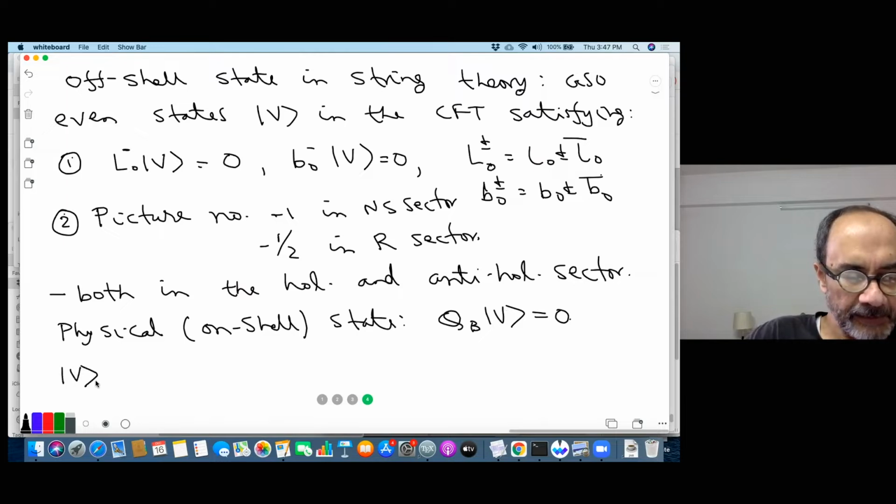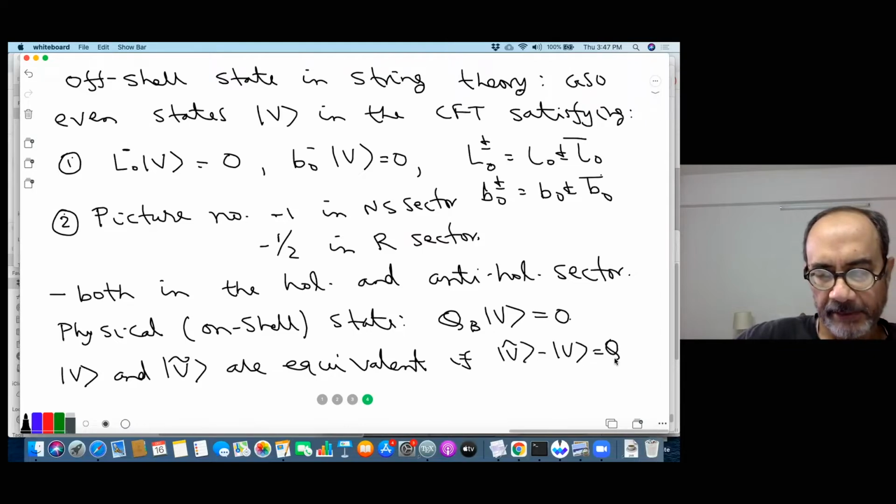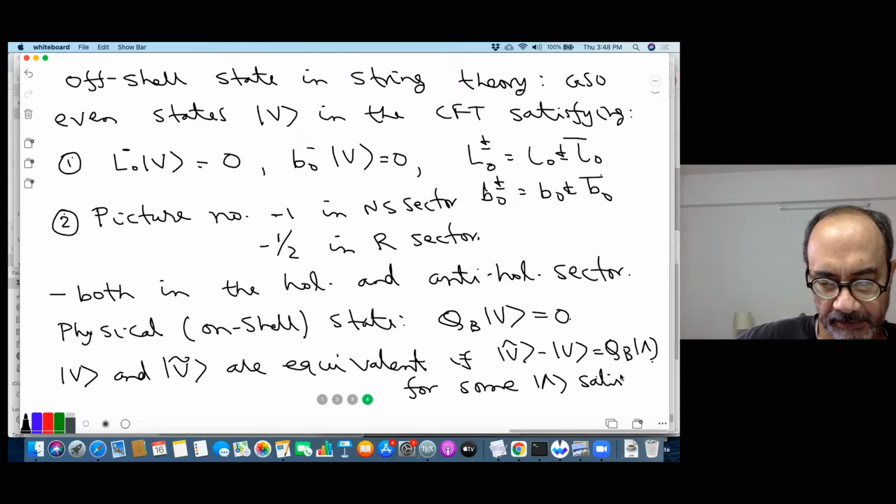That means that V and V tilde are equivalent if V tilde minus V is given by QB lambda, for some lambda that satisfies the same condition, B0 minus lambda equal to 0, L0 minus lambda equal to 0.